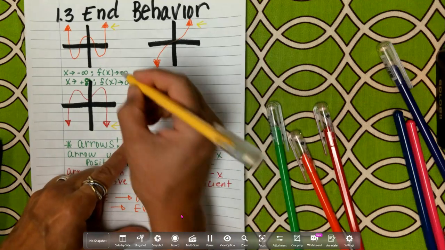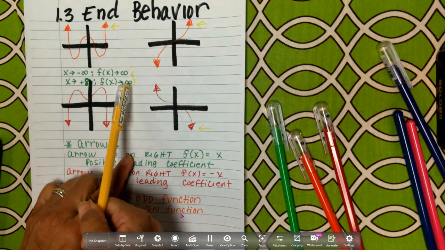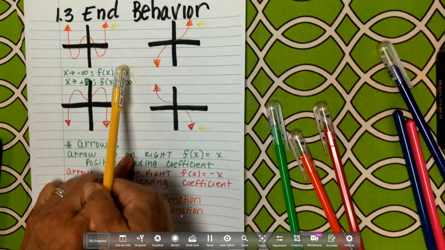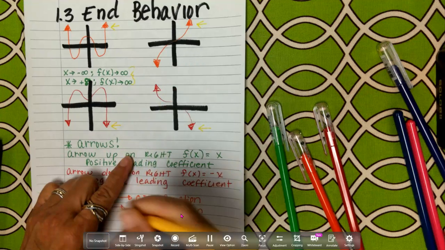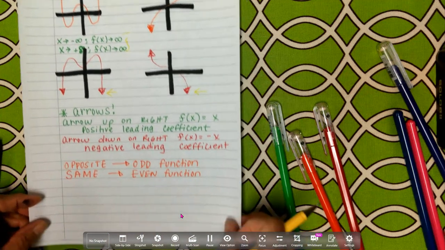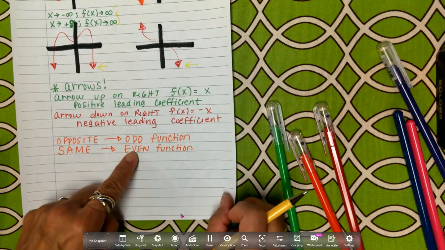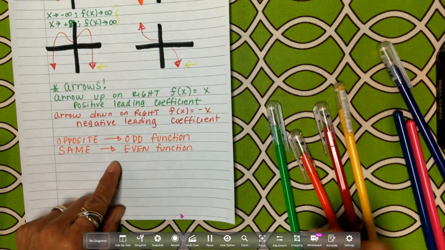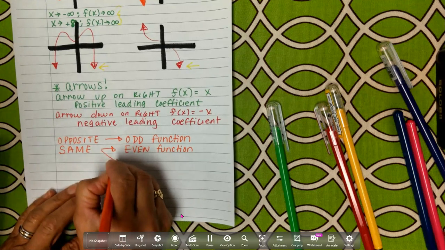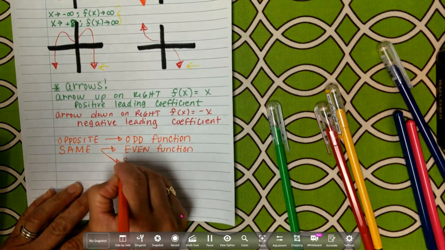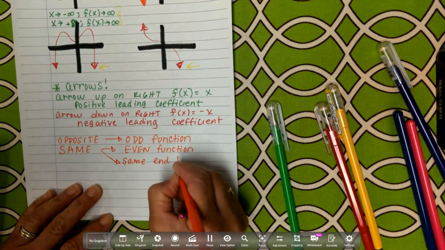What you need to notice here is this function's outputs both are going up, up, up. Same end behavior. So if the arrows are pointing the same, it's an even function. Now we get to add something else to this. They are going to have the same end behavior.